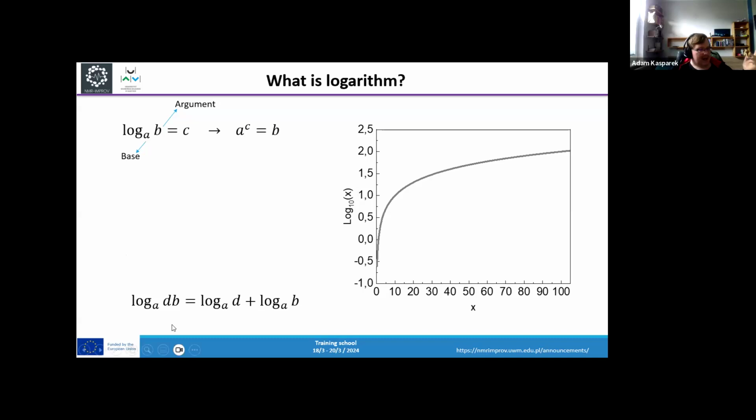If we have logarithm of d multiplied by b, then the result of this logarithm is logarithm from d plus logarithm from b. It is probably the most important property of logarithm, and frankly, one of the reasons why we use it. But to not prolong this, here are a few examples.